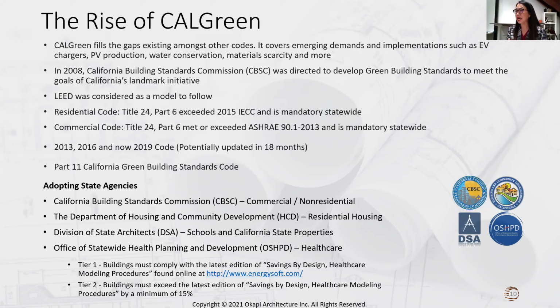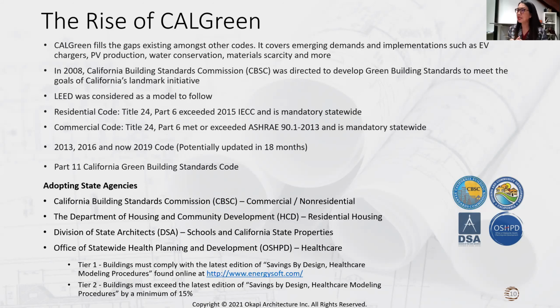Then Housing and Community Development accepts CALGreen, and the DSA for state projects, and also K-12 and the community colleges. The most interesting one is that OSHPD also accepted it.